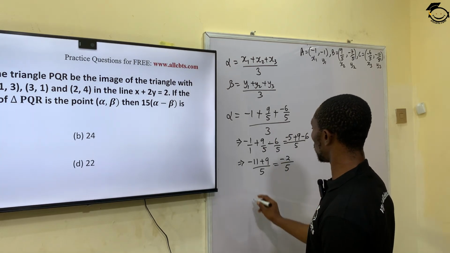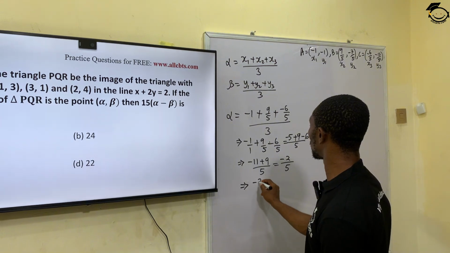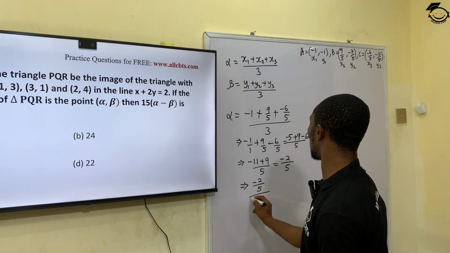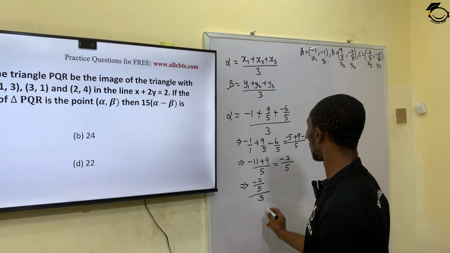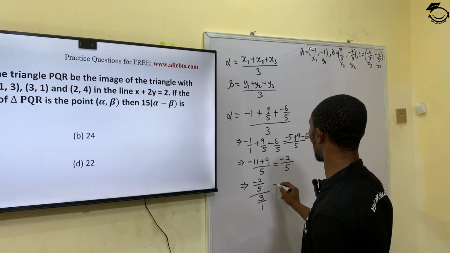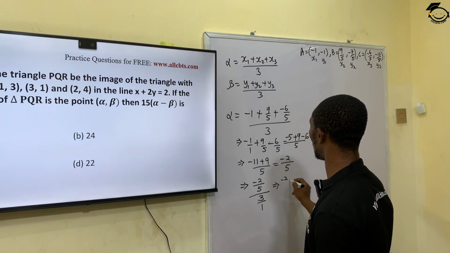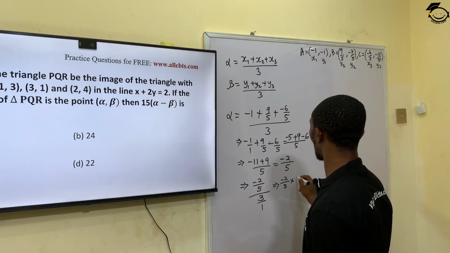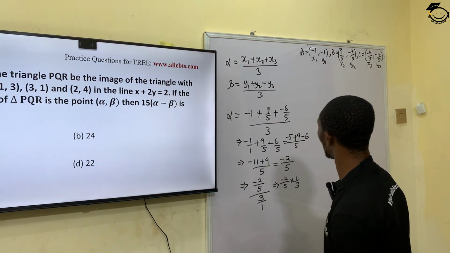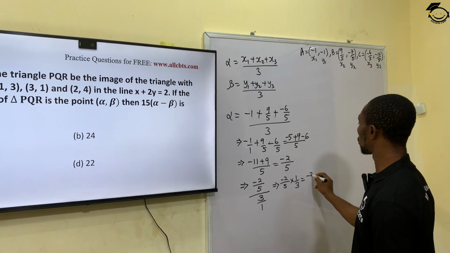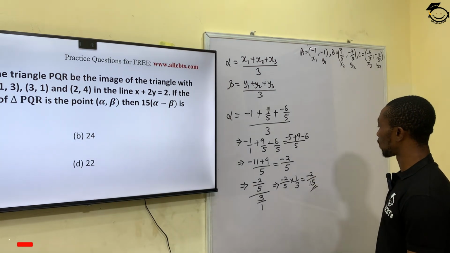Now introducing our denominator, it becomes minus 2 over 5 divided by 3 over 1. Doing our inverse, we have minus 2 over 5 times 1 over 3, which gives us minus 2 over 15. Now that's for the alpha.